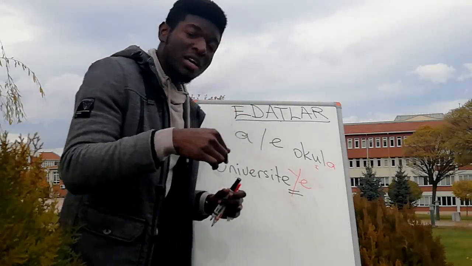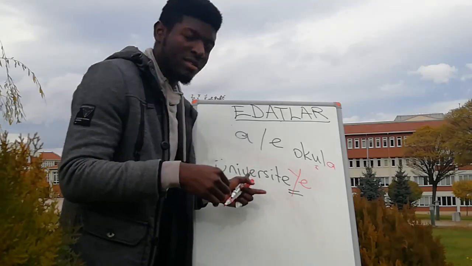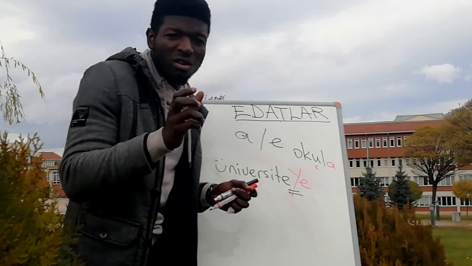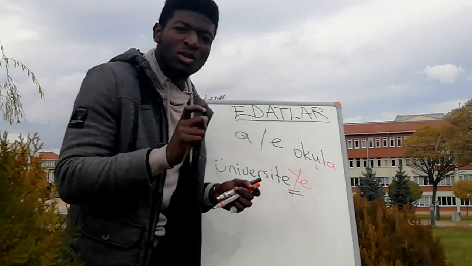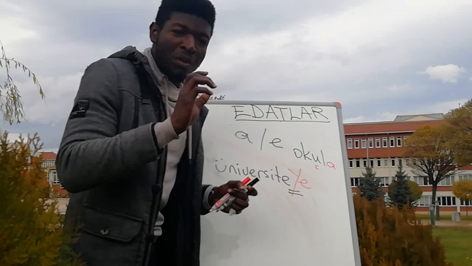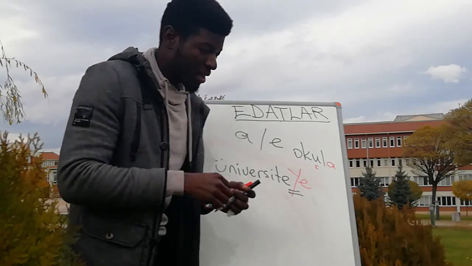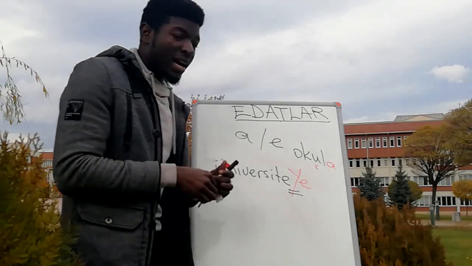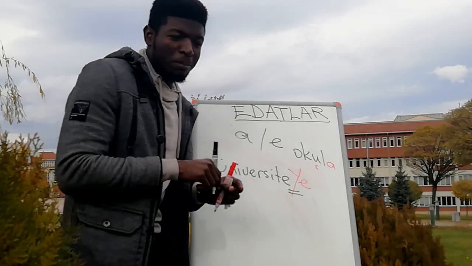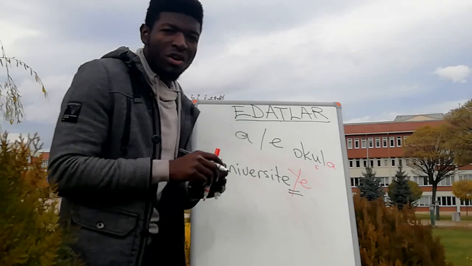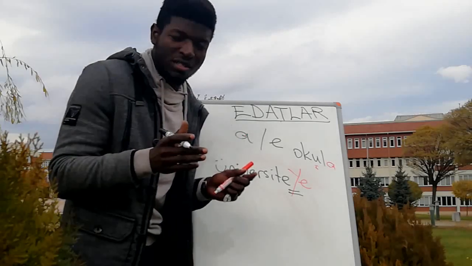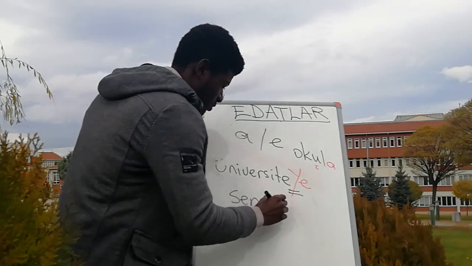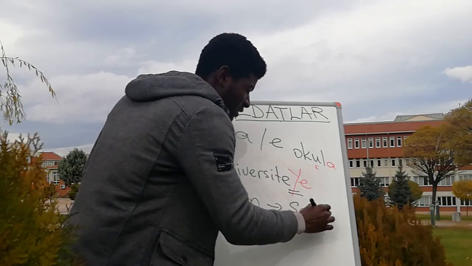Also, there is something else I would like to add since we are doing this. If I want to say I'm looking at you, there also we have a direction, right? So it will be to you or at you. For at you we also use a or e. Since it is with pronouns, like sen, we will be saying sana.